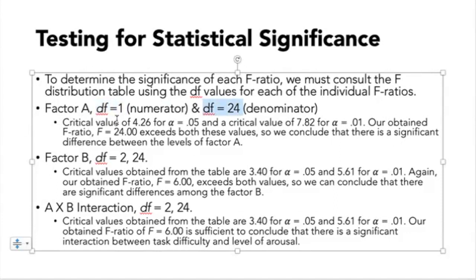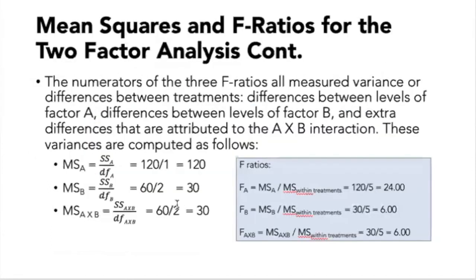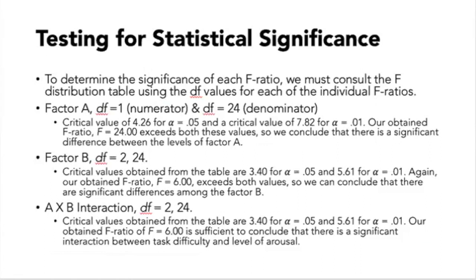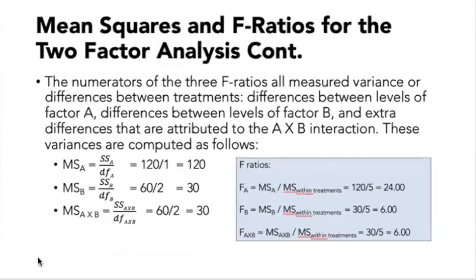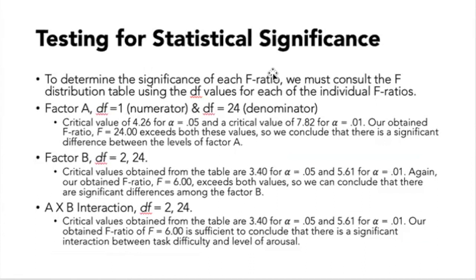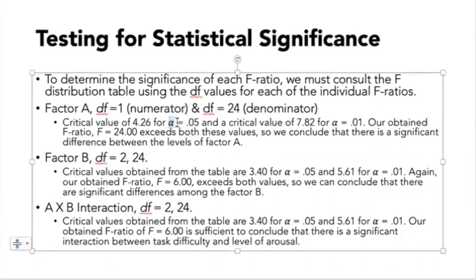So now, critical value of 4.26 for alpha 0.05 and a critical value of 7.82 for alpha 0.01. These are the critical values. Now our F score here is 24, but based on our degrees of freedom, for a 95% confidence interval, that is alpha 0.05, the cutoff point is 4.26.